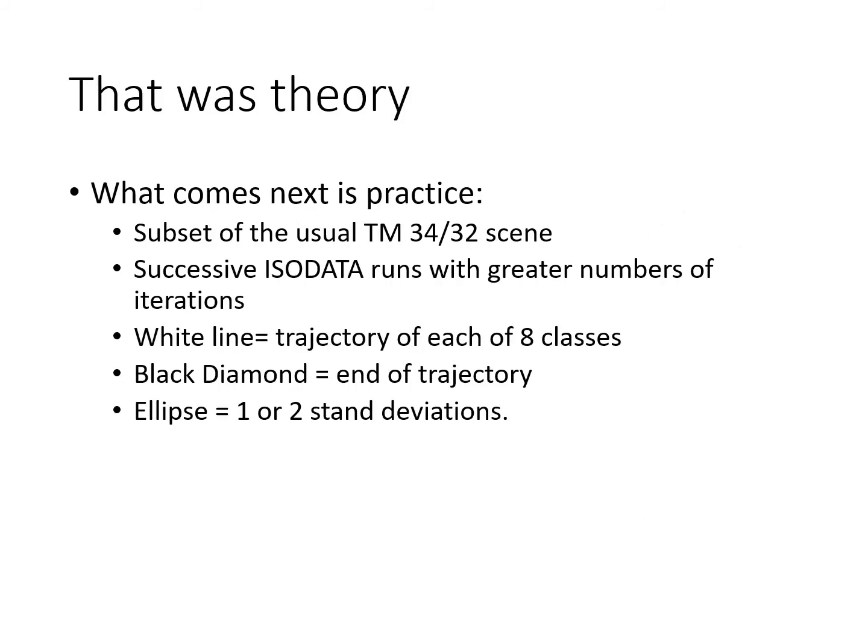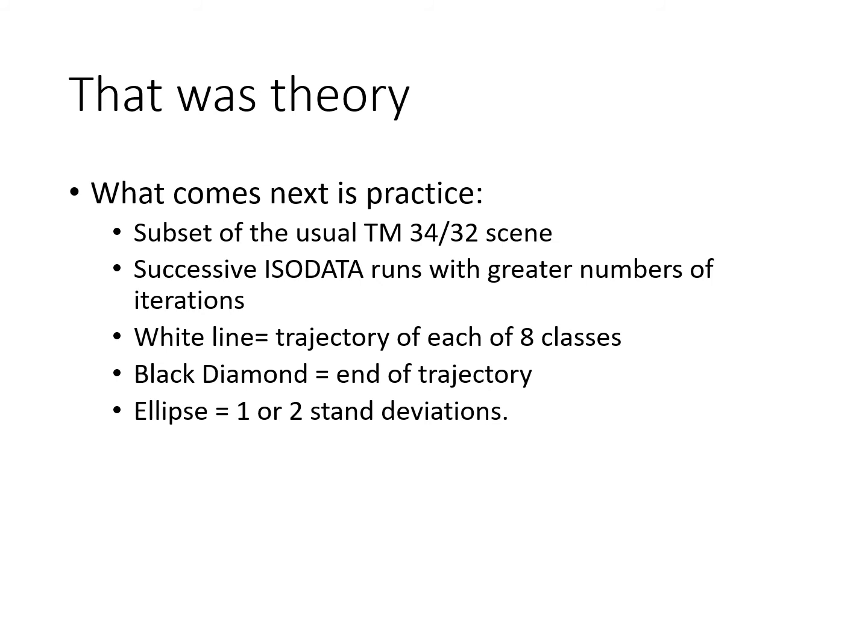Okay, that's the theory, and that's the set of images that are used 99% of the time to show the concept of ISO data. What I did was to look at our usual TM3432C, just take a subset of that, and did successive ISO data runs with greater numbers of iterations.